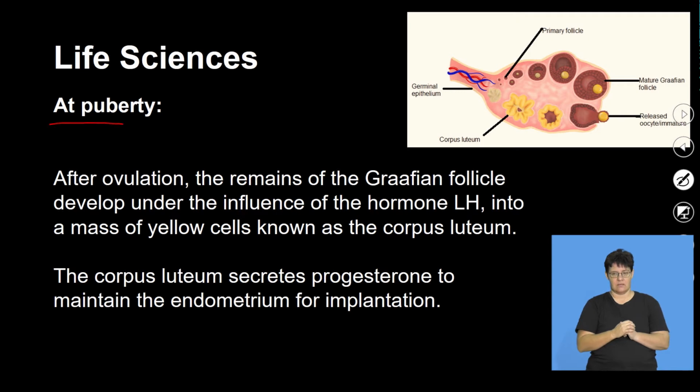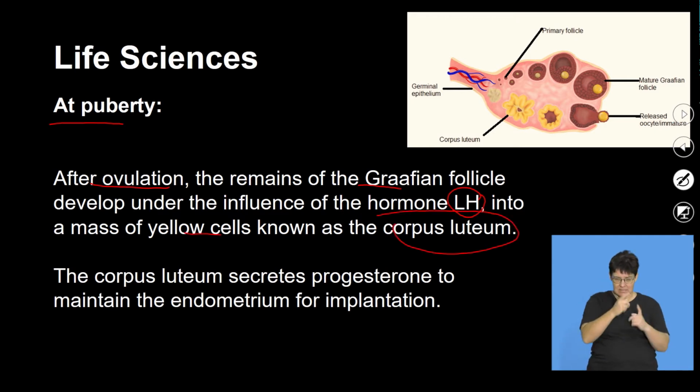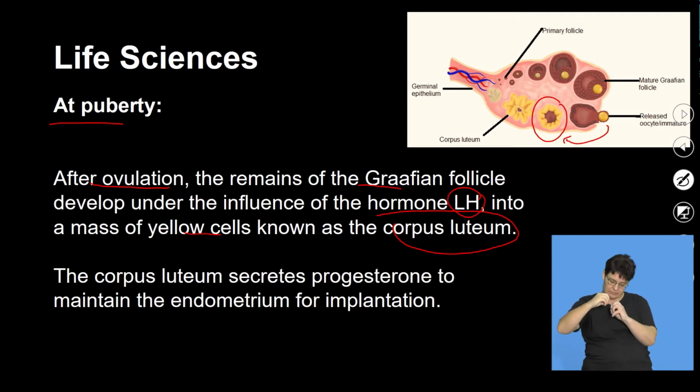At puberty, after ovulation, the Graafian follicle then develops under the influence of the hormone LH, and it now becomes a mass of cells known as the corpus luteum, as I've indicated here. So after the process of ovulation, the Graafian follicle forms the corpus luteum.